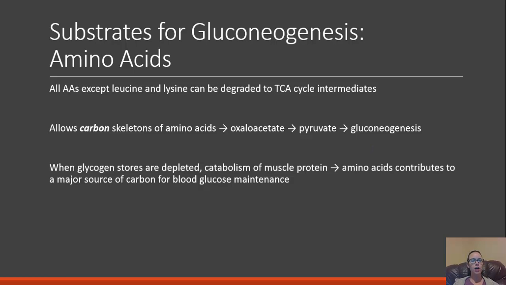Now, when glycogen stores are depleted in the muscle, we have catabolism of muscle protein, and this is where we get the amino acids that contribute to gluconeogenesis, which we use as a major source for blood glucose maintenance.